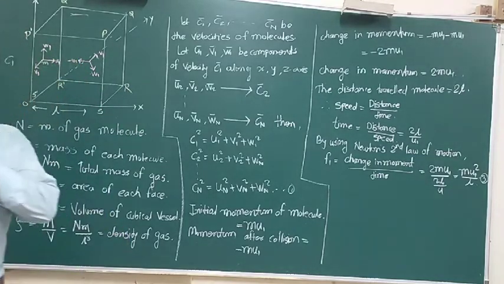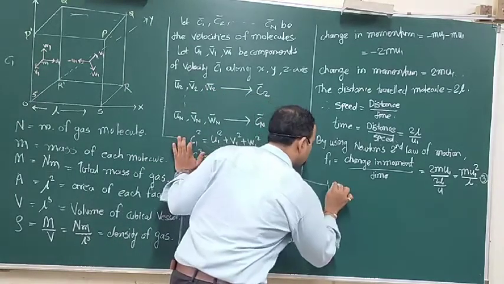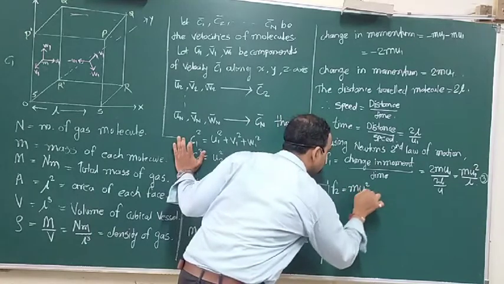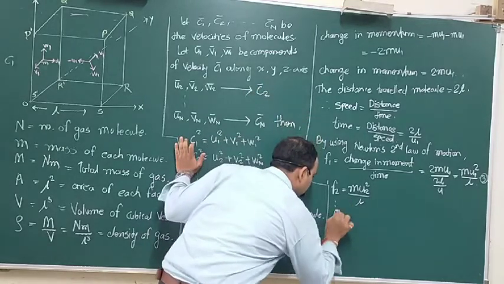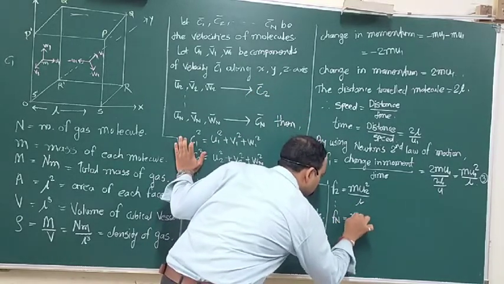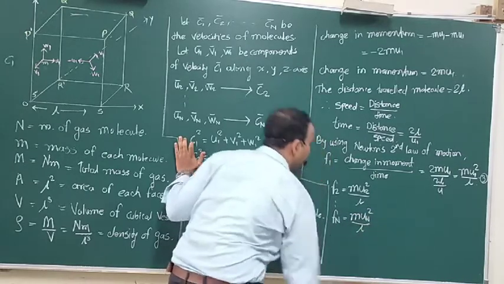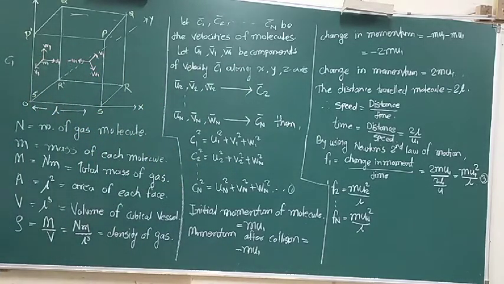Similarly F2 is equal to m u2 square upon L, and Fn is equal to m un square upon L. These forces are calculated by using Newton's second law of motion.